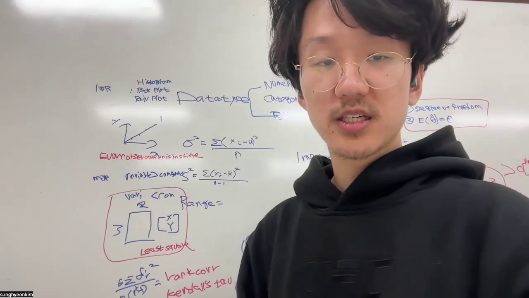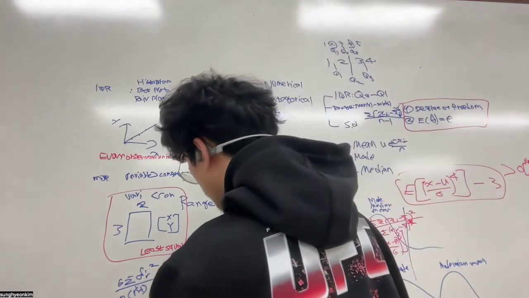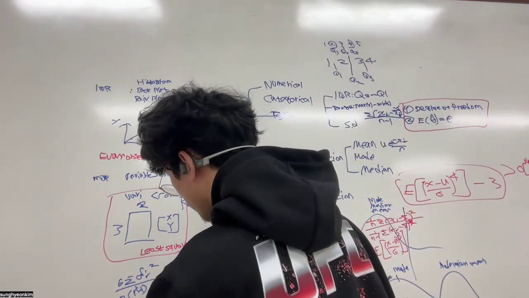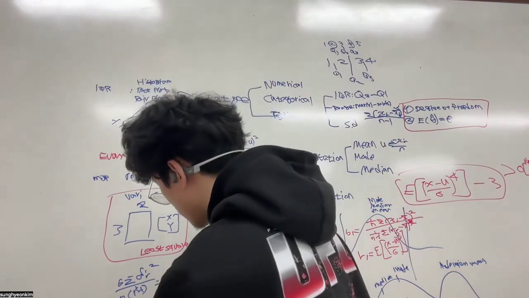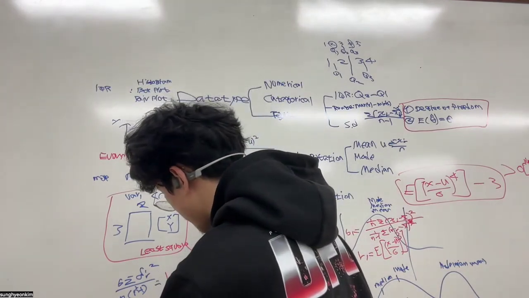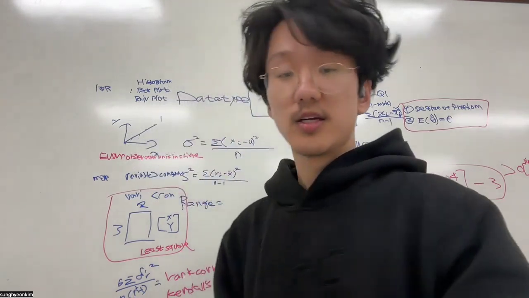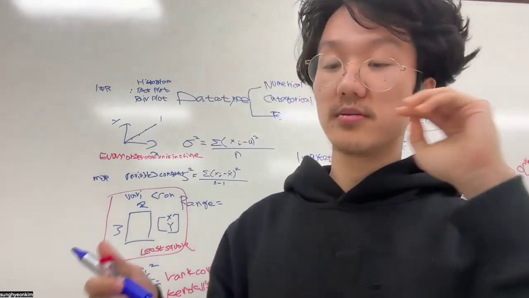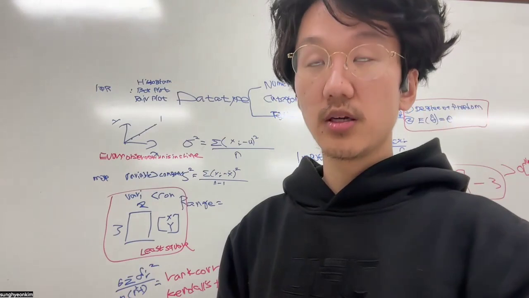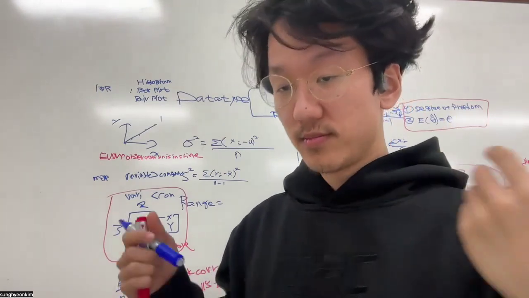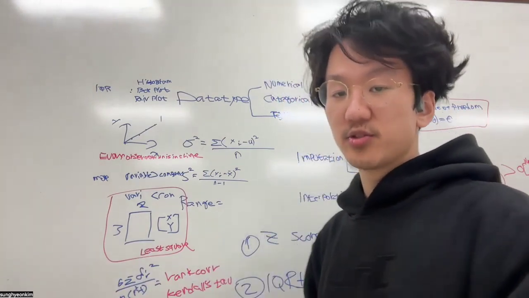In Kendall's tau case, we calculate it by C minus D over n choose 2, which is related to the number of samples.